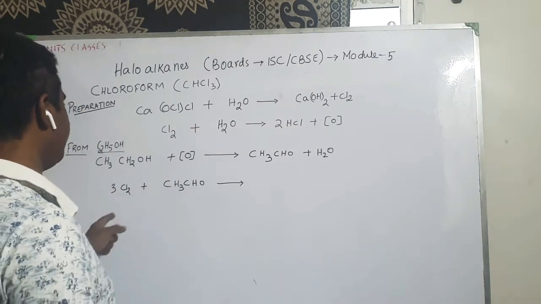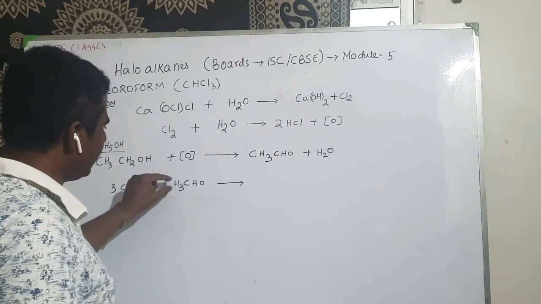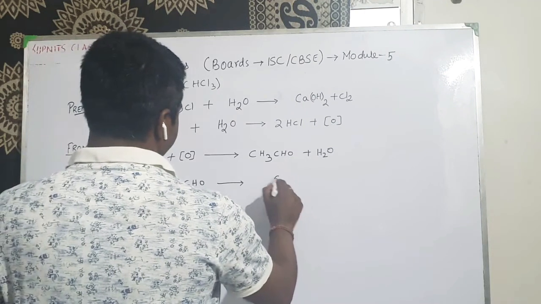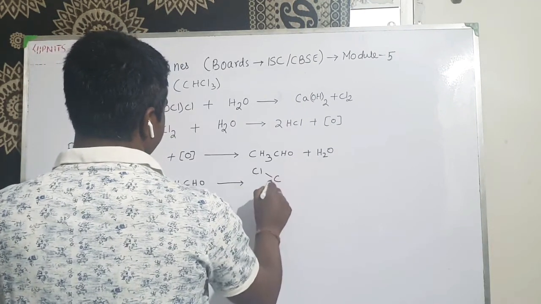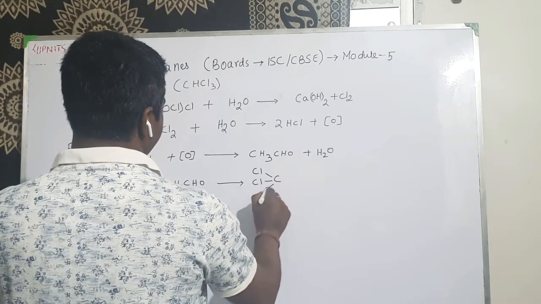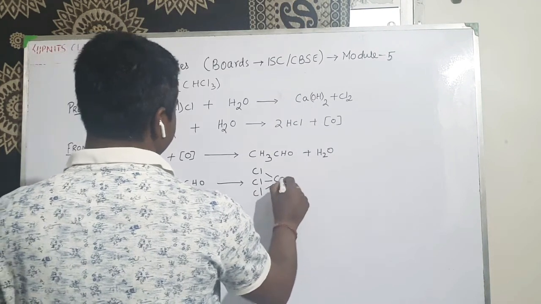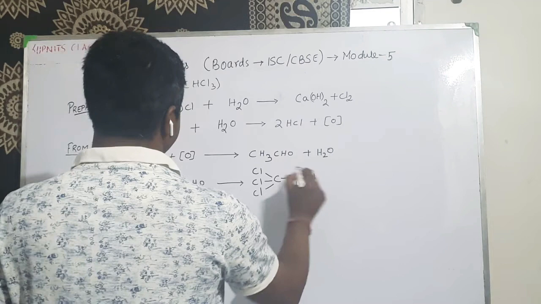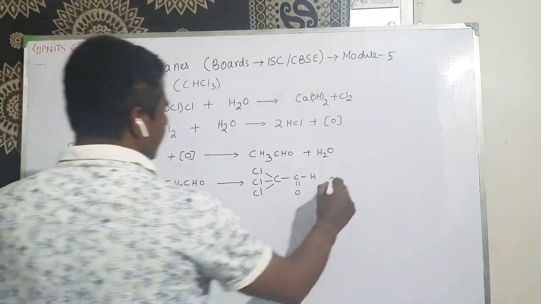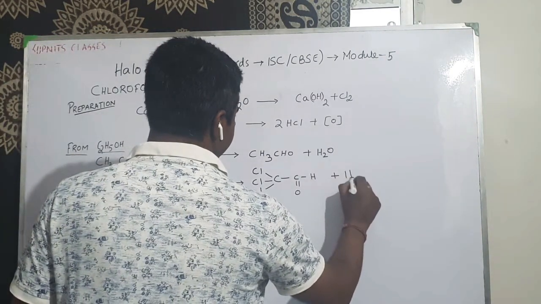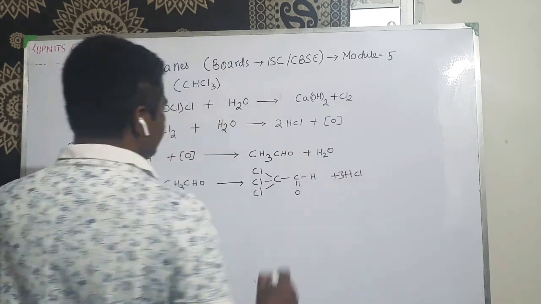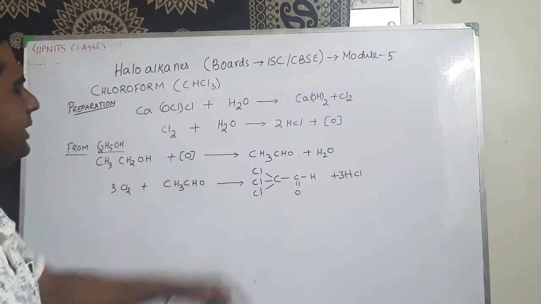Now this chlorine basically displaces this hydrogen. The detailed mechanism is not required in boards, that's why I am not covering it. This will be covered in JEE classes. Plus 3HCl. So here you can see it is CCl3CHO.